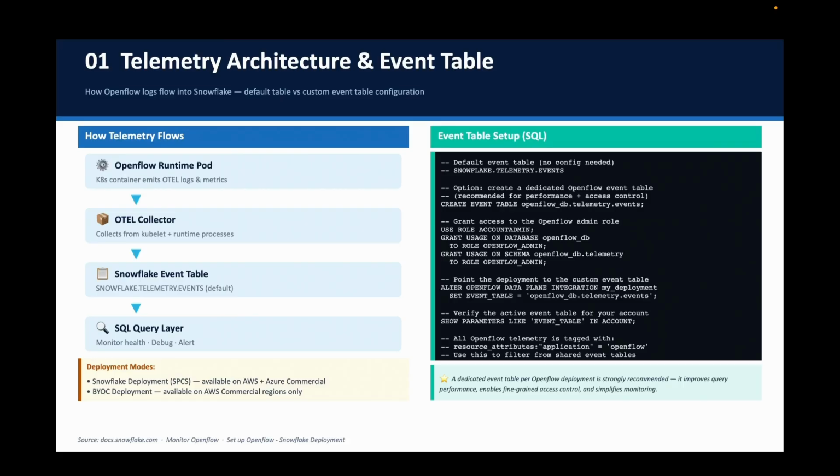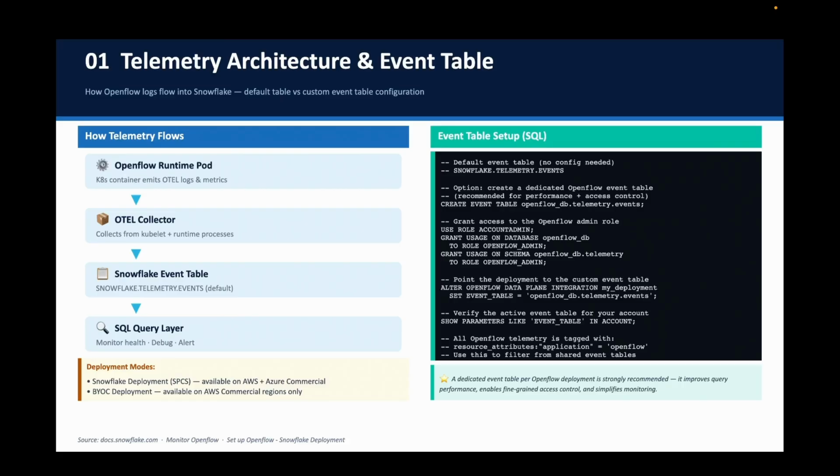Point the deployment to the custom event table. So you have a deployment. It could be on SPCS or BYOC. You can change that to point the deployment to an event table using the alter command.